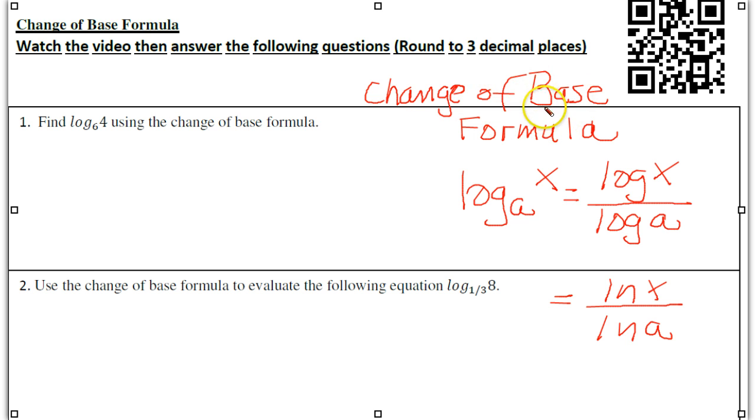In our lesson, we went over the change of base formula. To summarize it here, if you have something that looks like this, the log of base A of x, you could put this into your calculator as the log of x divided by the log of A. That is, in essence, a shortcut to the change of base formula.